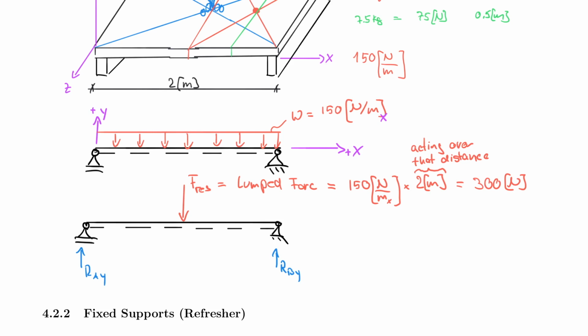So we can say that RAY is equal to 1/2 F resultant, and so that in our case would be 300 divided by 2. But here comes how engineers really would write this, by using the evenly distributed force. So engineers would say it is 1/2 times 150 Newton per meter multiplied by 2 meters. And again, that's not very different. It's kind of like already built in, but that's how you would do it.